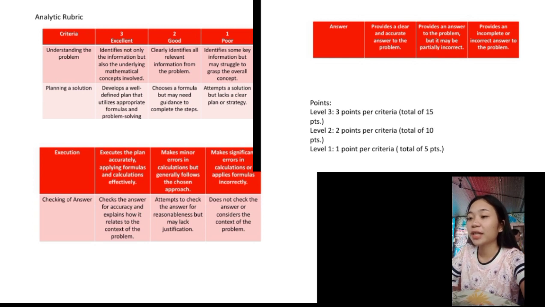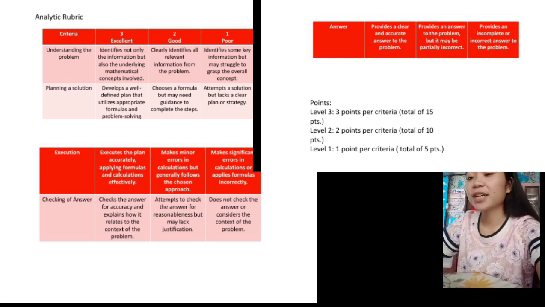If the student provides an incomplete or incorrect answer to the problem, he or she will get 1 point. Level 3, 3 points per criterion, is a total of 15 points. Level 2, 2 points per criterion, is a total of 10 points. And level 1, 1 point per criterion, is a total of 5 points.